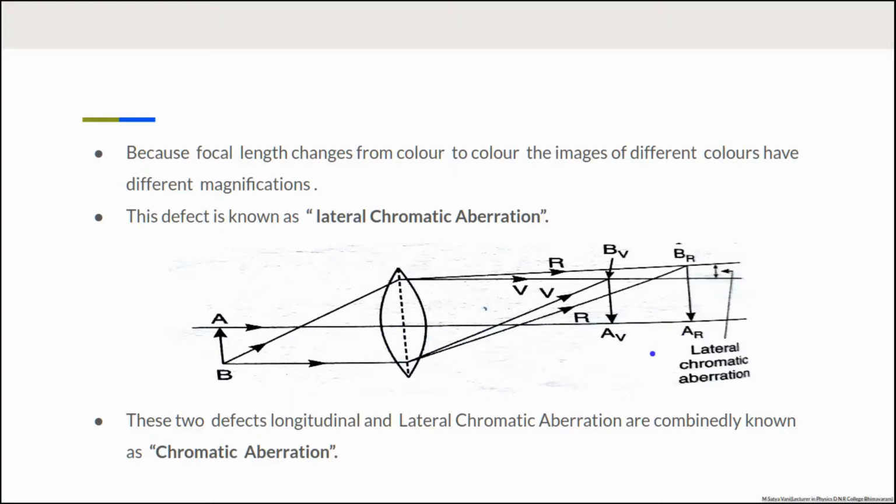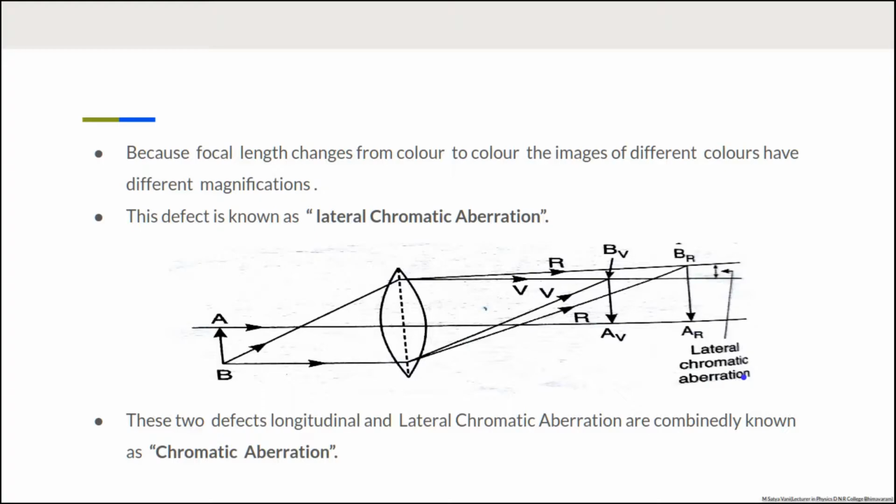We know that magnification is the ratio of size of the image to size of the object, or distance of the image to distance of the object. As different colored images have different image distances, their sizes are also different. If you observe this figure, this red colored image is longer than the violet colored image. This defect in images is known as lateral chromatic aberration. The difference in length between AvBv and ArBr is the measure of lateral chromatic aberration.